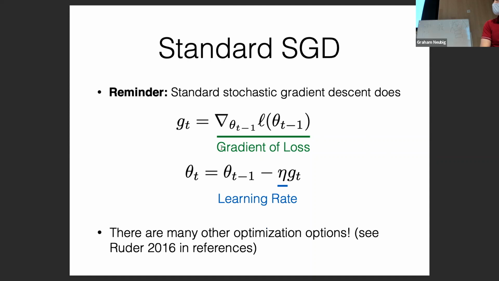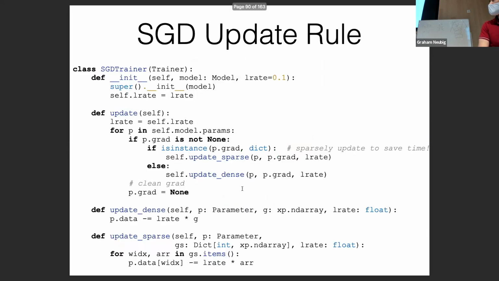This is with respect to a single parameter, theta. This is the update rule for a single parameter, but basically all of the optimizers that we use as standard in neural networks optimize the individual parameters on their own and don't consider interactions or covariance between them.